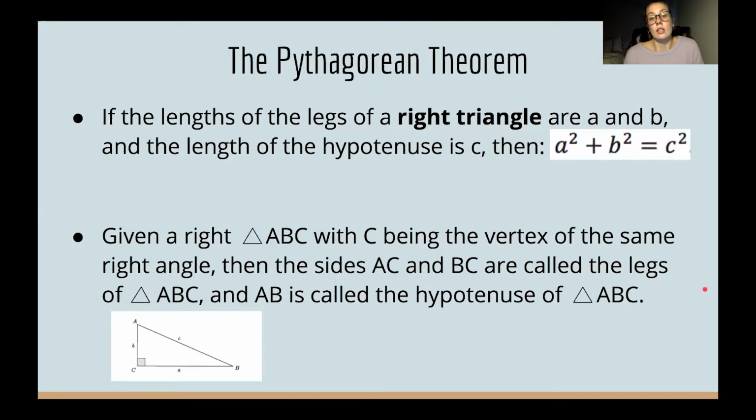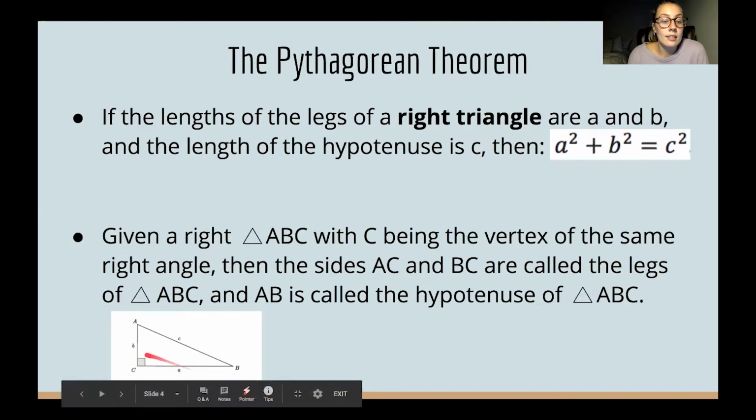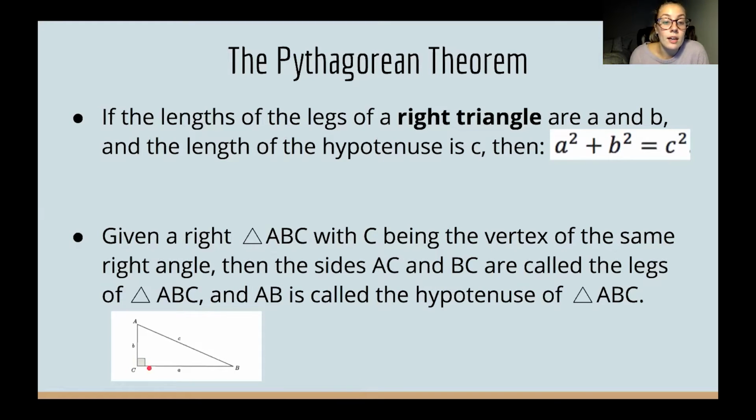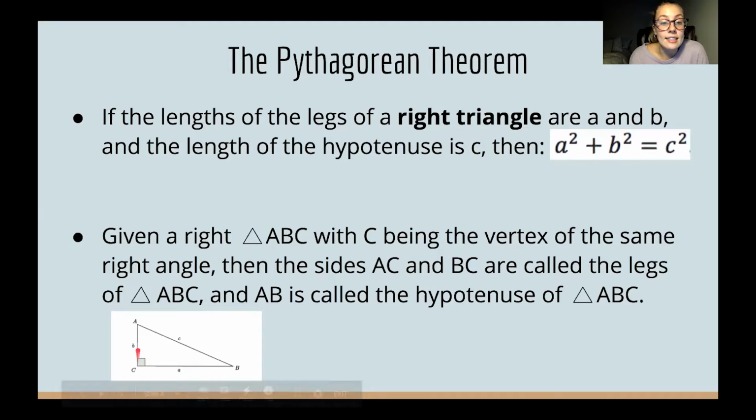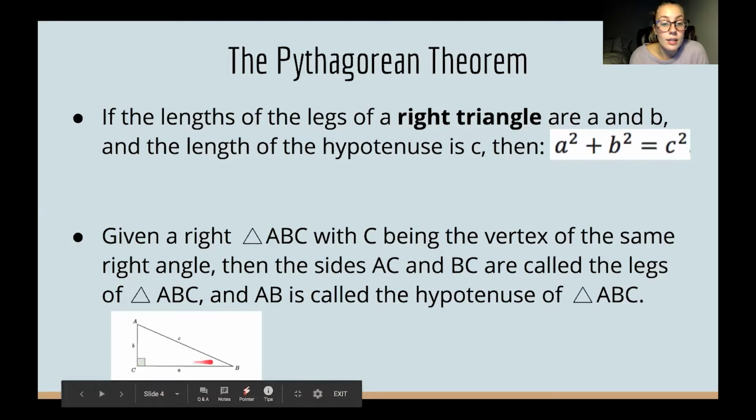So that jumps to the next one. So keep that on the top of your head. Given a right triangle A, B, and C, with C being the vertex of the right angle. So we know that this is a right triangle because it has the 90-degree angle right there. Then the sides AC and BC are called the legs of this triangle ABC.